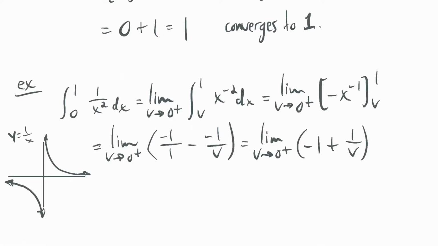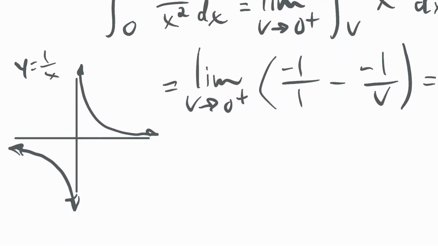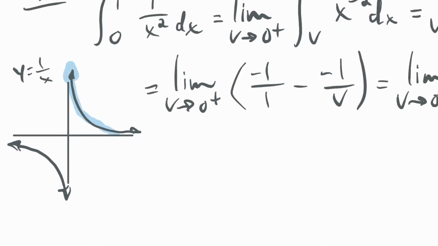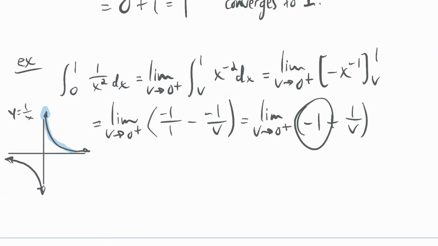So as we approach 0 from the right, we are following the graph like this, and we're going up. So we get infinity. That's the limit. And then plus negative 1. Of course, we don't talk about having infinity plus negative 1, but if one term goes to infinity, then this numerical value here doesn't really matter. If we really wanted to, we could get a common denominator and combine like terms, but we don't need to do that.